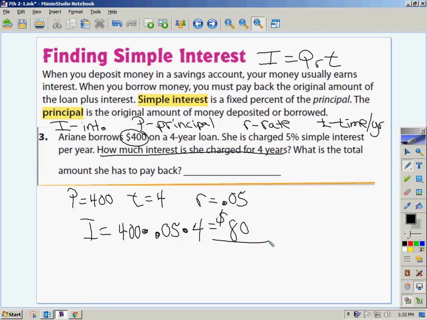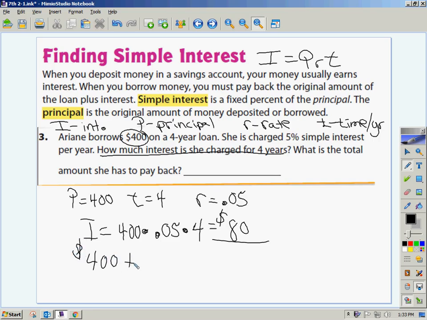This is the answer to the first part of the question. She's going to have to pay back $80 worth of interest. The second part of the question says, what's the total amount she has to pay back? I've definitely got to pay back what I borrowed. I've got to pay all of the 400.